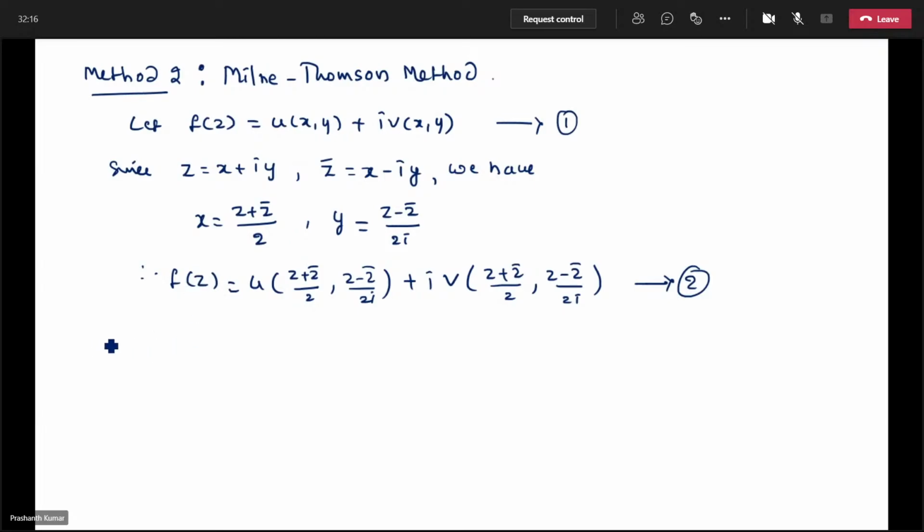Okay, for that one we are putting z conjugate as equal to z.